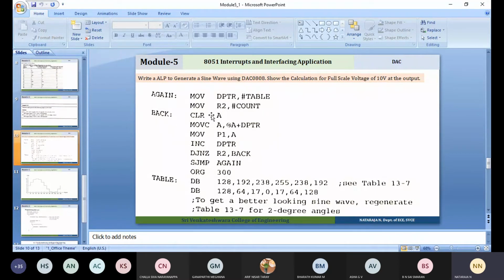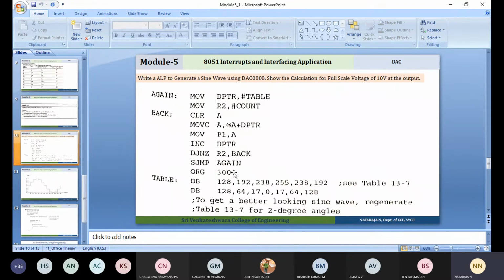Like that it keeps rotating 13 times. After that it will go to SJMP again and the program repeats. Once you get from 0 to 360 degrees, it goes back and starts again.